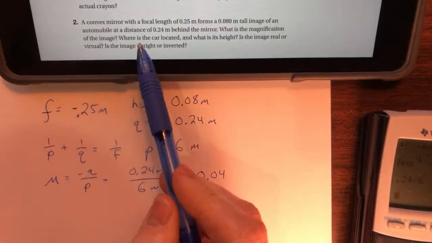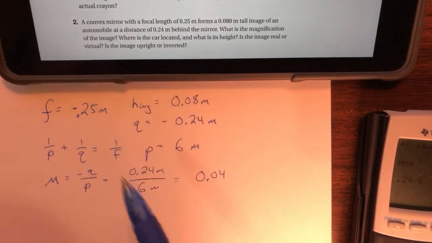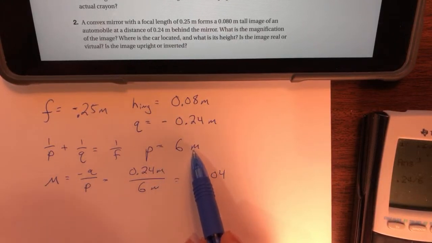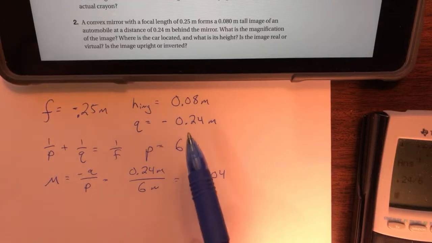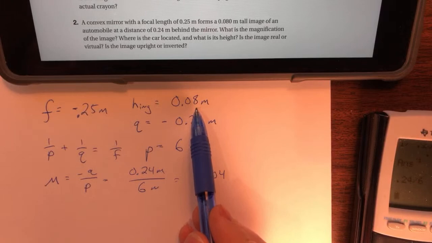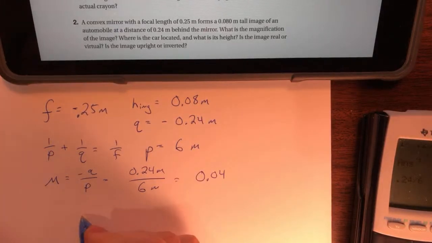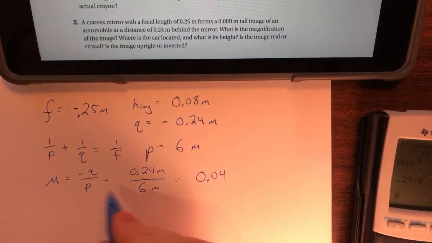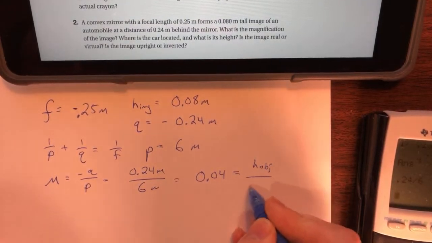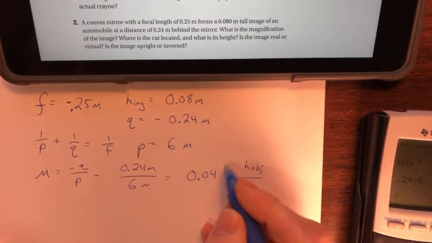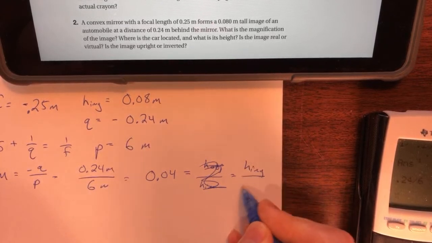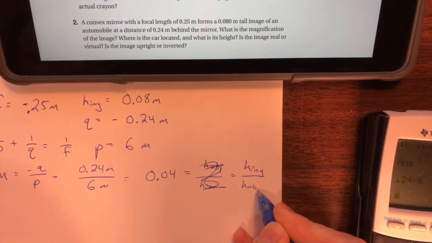What's the magnification? Where is the car located? We already said that other car is 6 meters behind your car. What is its height? The image height appears to be 0.08 meters, so we can write down the equation. Magnification is negative q over p, or the image height over the object height.